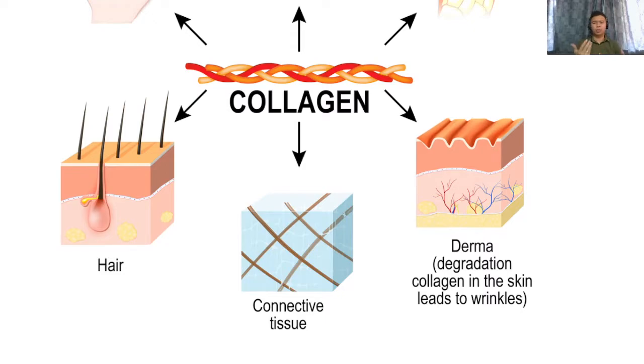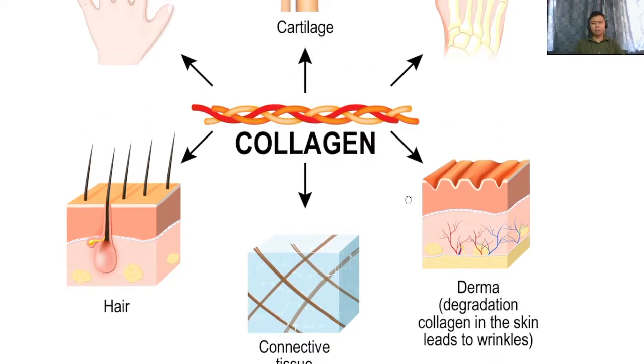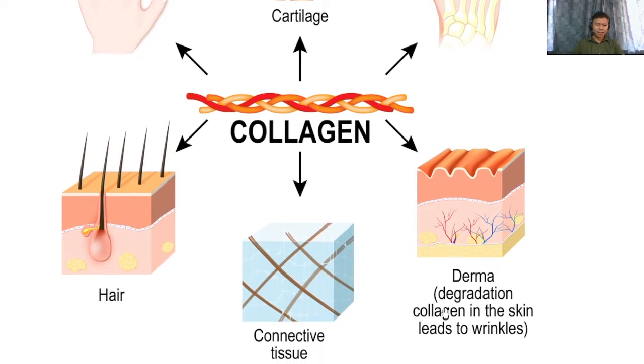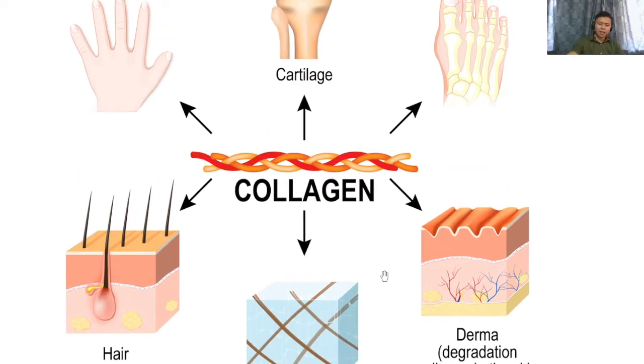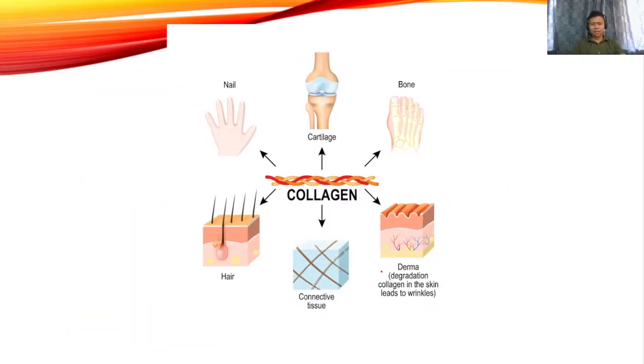As what you noticed, older people usually intake collagen plus vitamin D to strengthen their muscles and also to allow a younger looking skin. That's because of the collagen. So the degradation of it allows us to age, allows our skin to wrinkle. So here we have the different possible locations of collagen in our body.